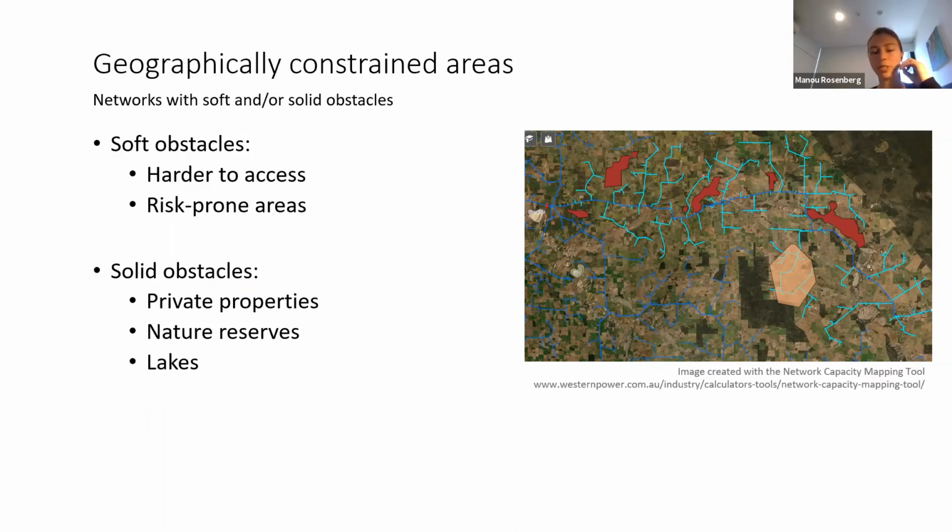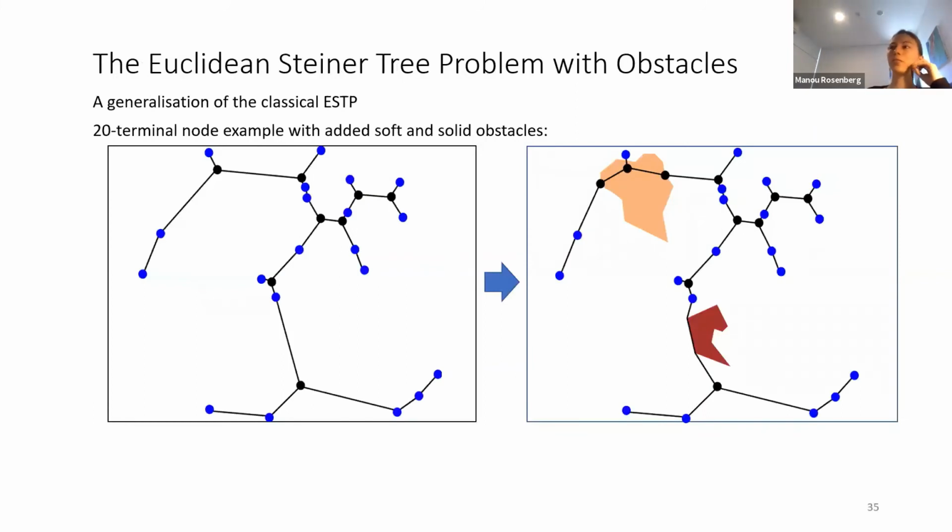So we need an approach that can also consider obstacles. This is just an example of a Steiner minimum tree that considers soft and solid obstacles. The optimal Steiner minimum tree connecting the blue nodes, which are our terminals, looks like this, and the black nodes are the Steiner points that are inserted.